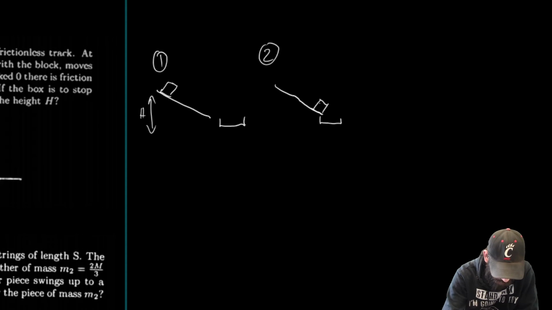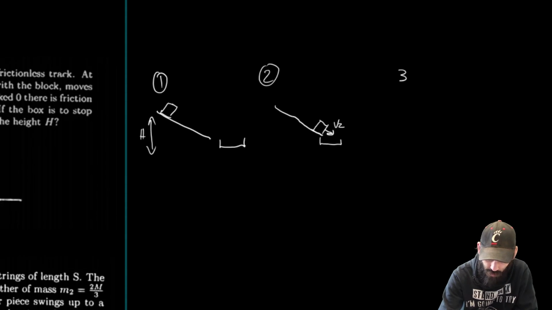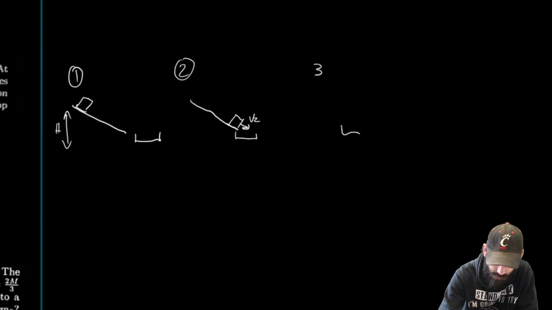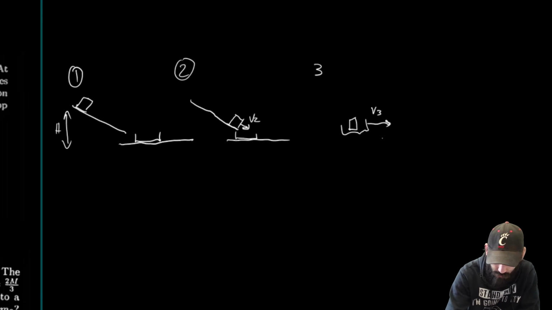State 3, this is going to be moving with some velocity here. Let's call this V2. State 3, this is going to be in here now. This is moving along with some velocity V3. So I have a surface here.